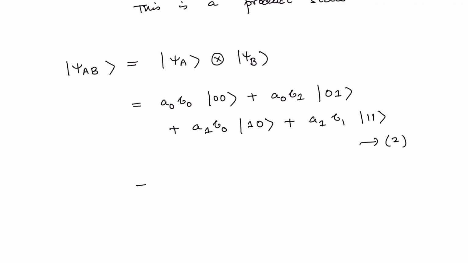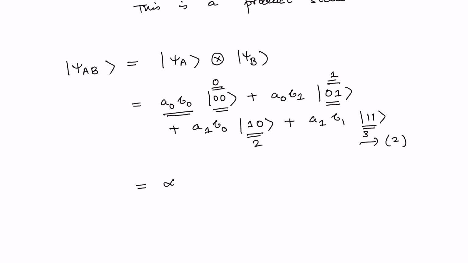In fact, I can write it in a more compact form. Let me denote |00⟩ by 0, |01⟩ by 1, |10⟩ by 2, and |11⟩ by 3.